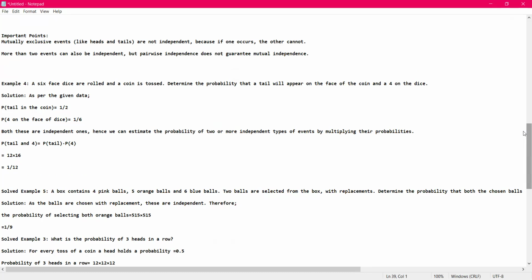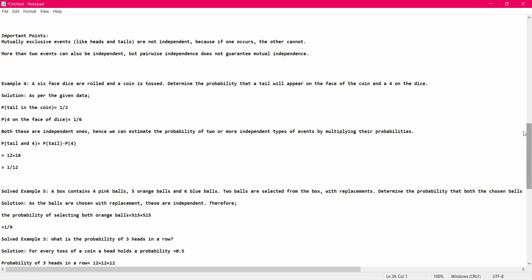And also more than two events can be independent. We cannot say only two events are independent, but we can also say that more than two events are independent. If you take three events or four events or five events, they can also be independent. But pairwise independence does not guarantee mutual independence.